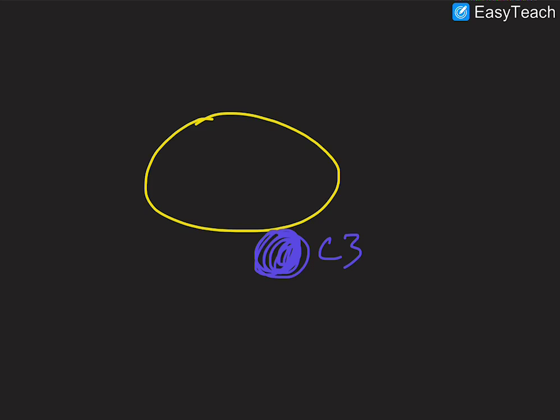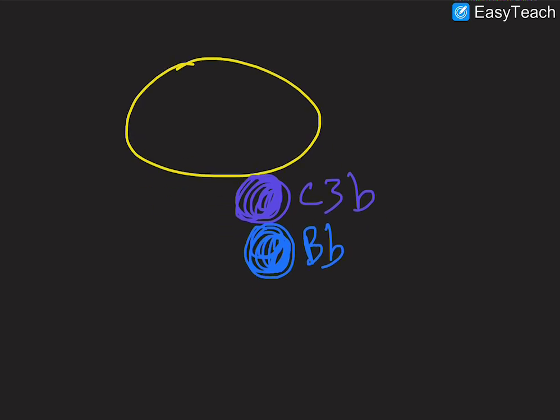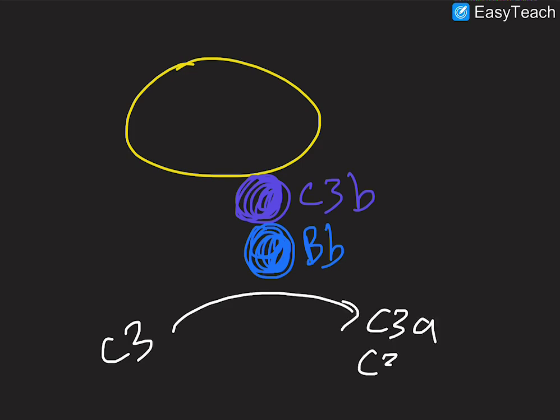So we have C3b and Bb, factor B right here, but it's Bb. And remember, we said that C3b Bb is C3 convertase. Now, what does C3 convertase do? C3 convertase takes C3 and converts it into C3a and C3b.